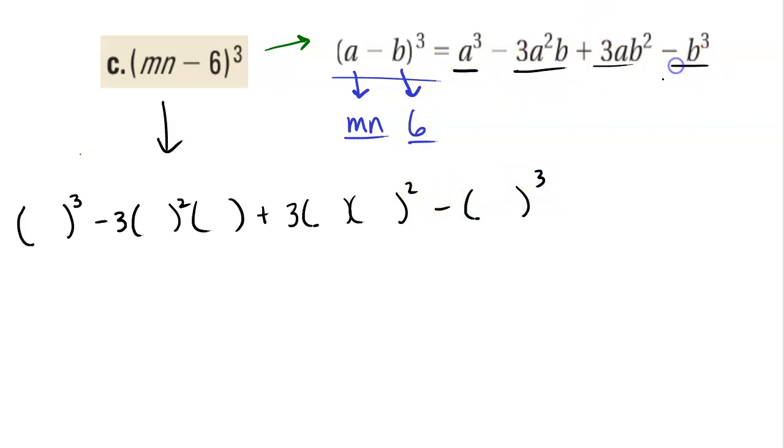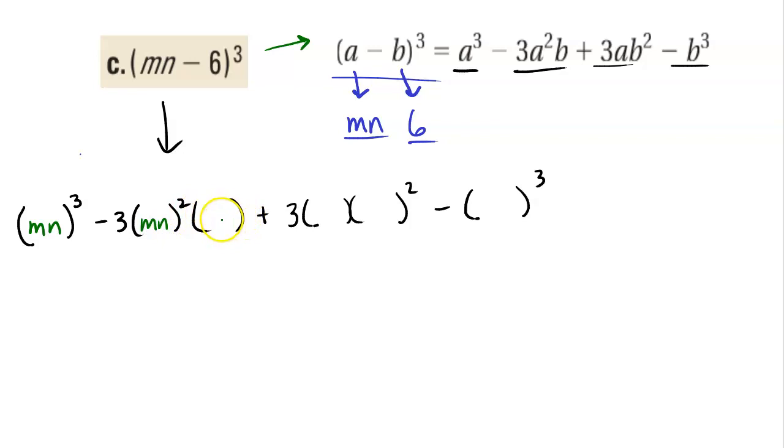So I basically just wrote out this whole thing again, but I left these little spaces here, because my a and b are now different. So I'm going to plug in my new a value, which in this problem is mn. So I have mn cubed minus 3, and then this is mn squared.